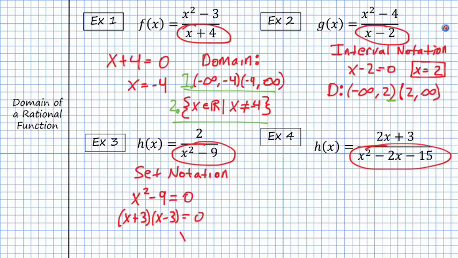So what I'll find is that x could be 3 or x could be negative 3. If I were to write the domain in set notation, x belongs to R such that x is not equal to 3 or negative 3.